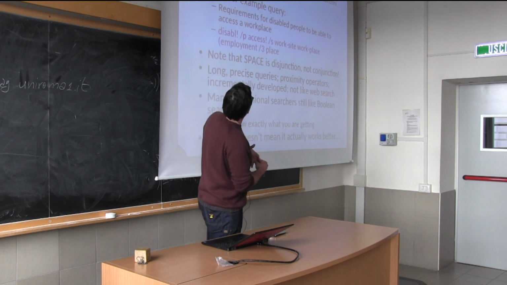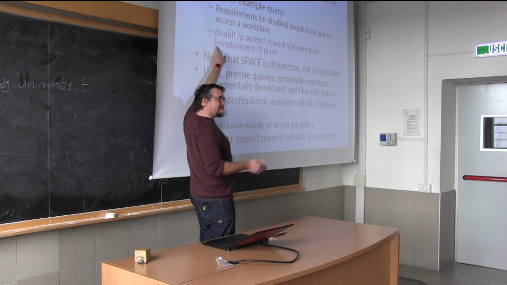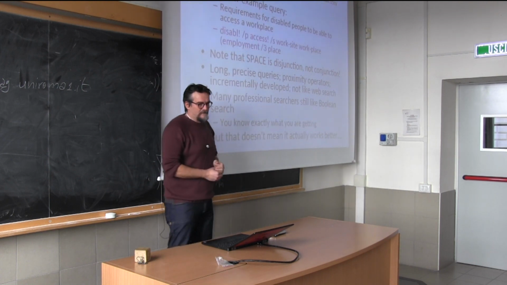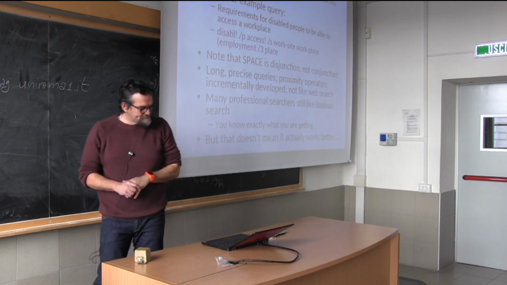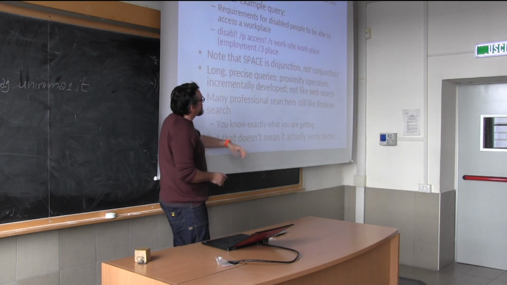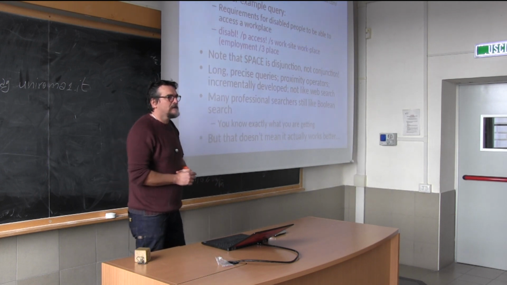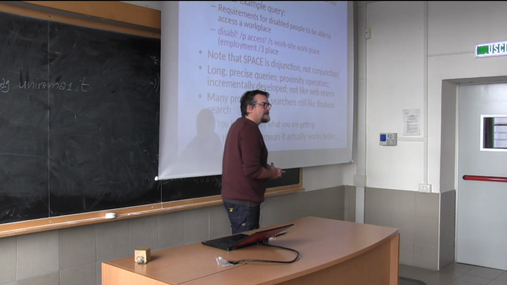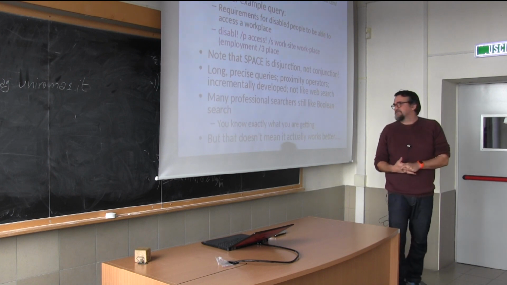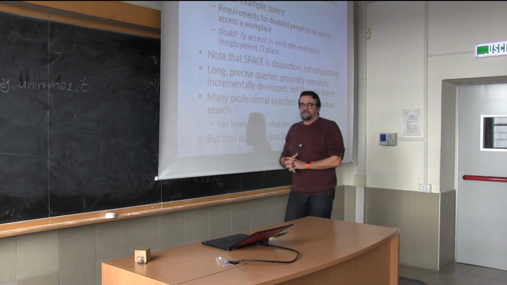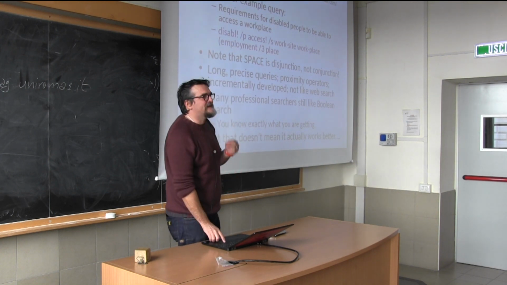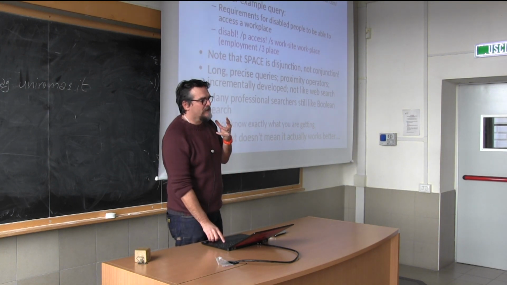And this information need is translated into a query that, in the case of WestLaw, is disabled, etc. As I told you, many professional searchers still like Boolean queries a lot, and they use them. But it has been proved that there are other systems, that we will see later on, that work much better.